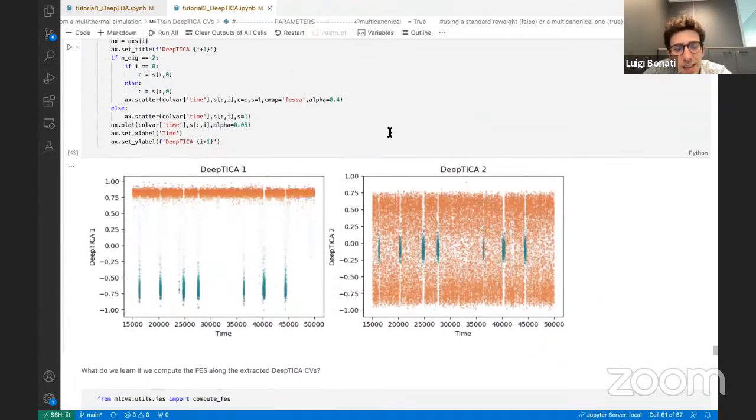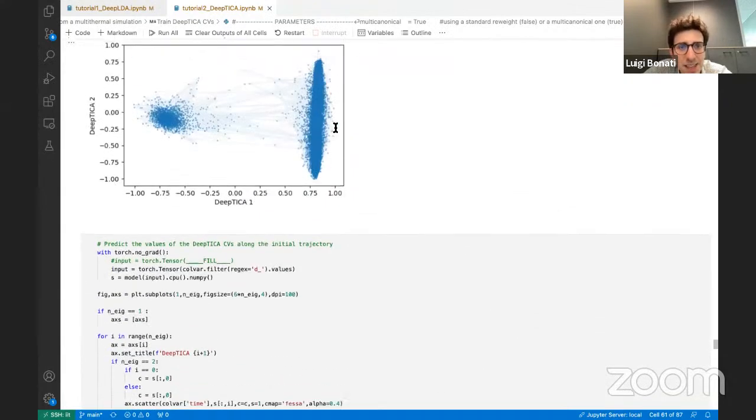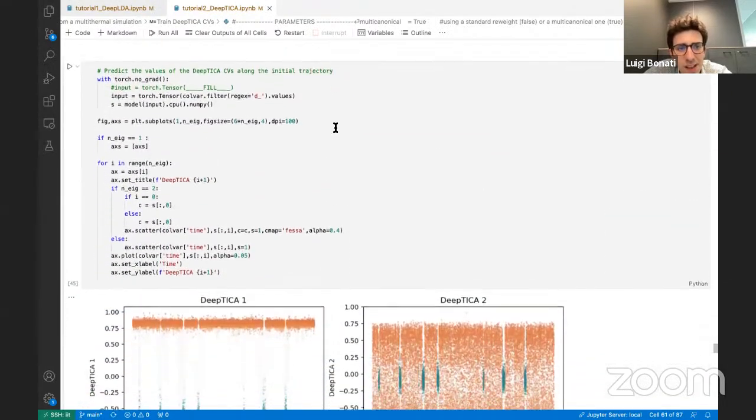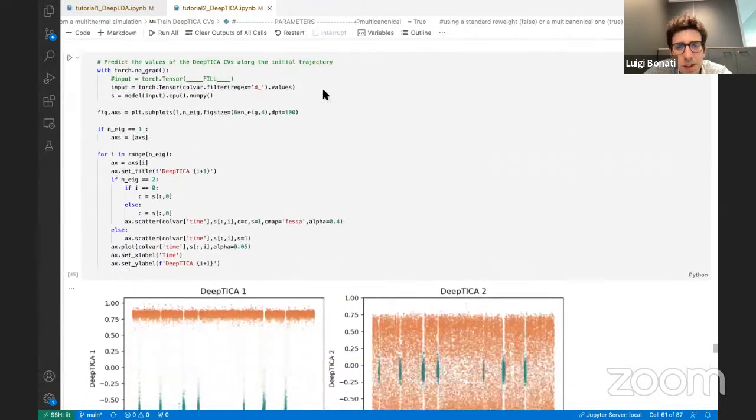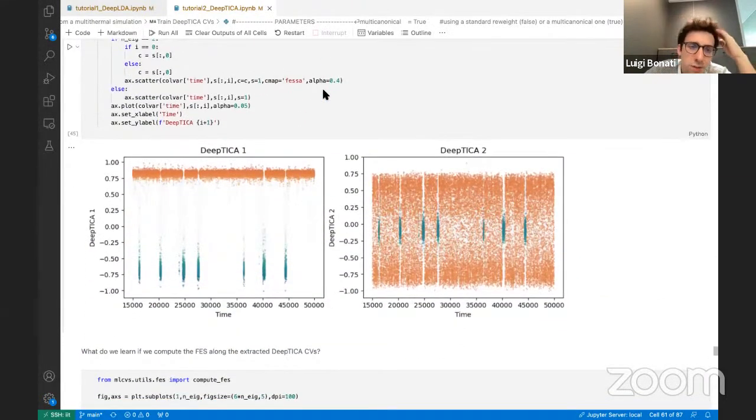This can also be seen here, plotted as before, the scatter plot of these two CVs and also their time evolution. Here the color is always deep Theta1, to discriminate.